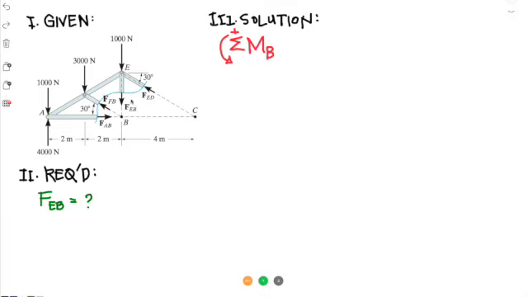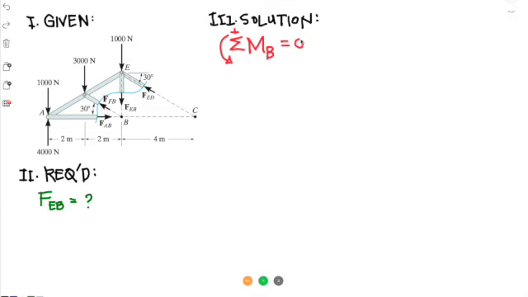Unfortunately, we are looking for FEB, but we need to do another step and find a value for unknowns such as FED, and we will do another sectioning, which is something similar to method of joints. Okay, so this is like method of sections and method of joints all together. Okay, so let's do summation moments in B must be equal to 0.